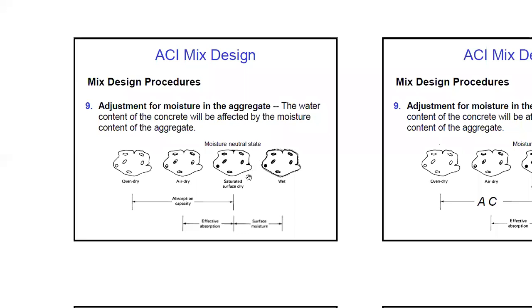So this is an important phase to have either this saturated surface dry condition, or otherwise if we have these conditions, we need to adjust the water content in the concrete. You getting the idea?